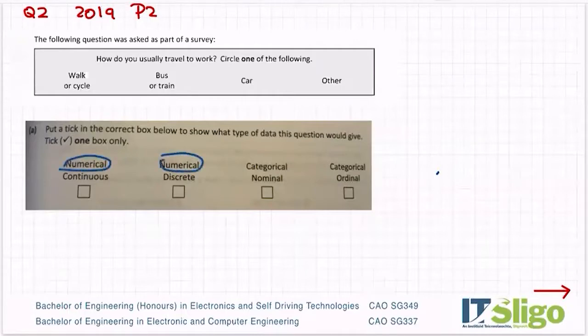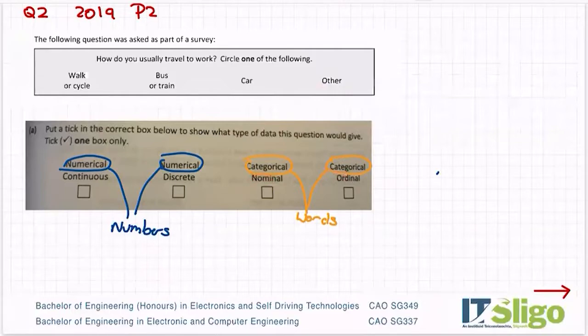If the answer to your question is a number, such as what age are you, then that is numerical data. If the answer to your question is words, then we call that categorical data. So the answer to our question will be words, so therefore it is categorical data.